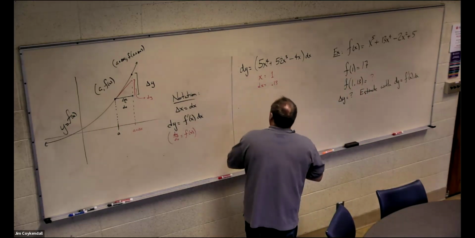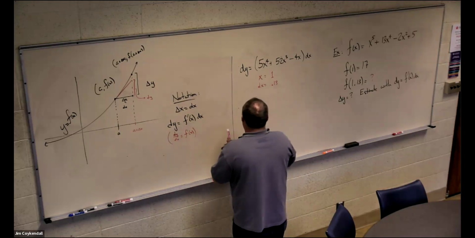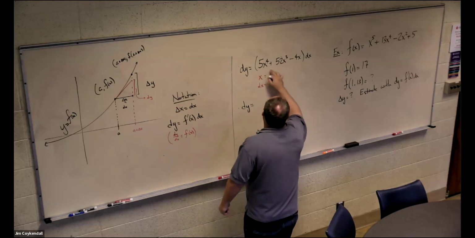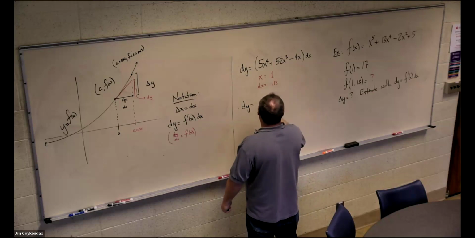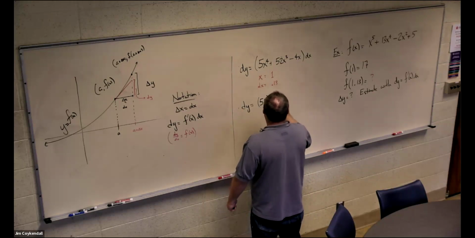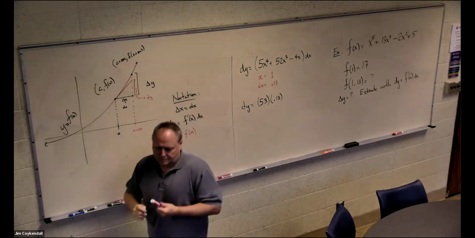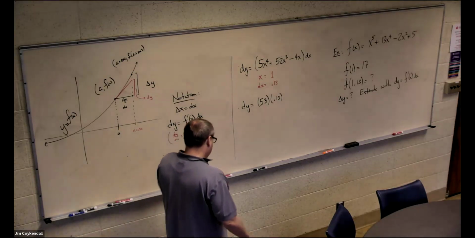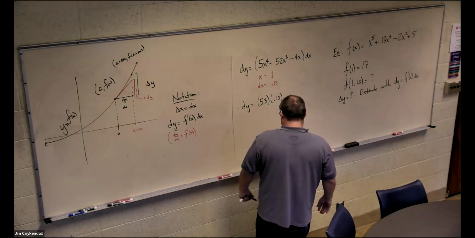Let's see. That's going to be 5, and 52 is 57, minus 4 is 53, times, so that's going to be like 0.53, 0.5.